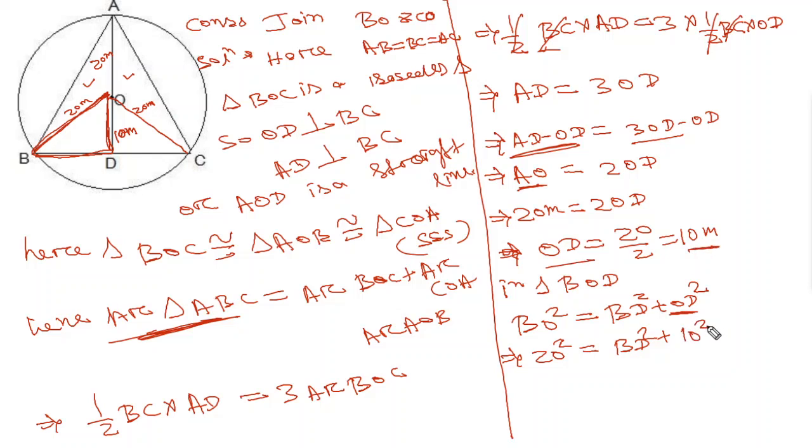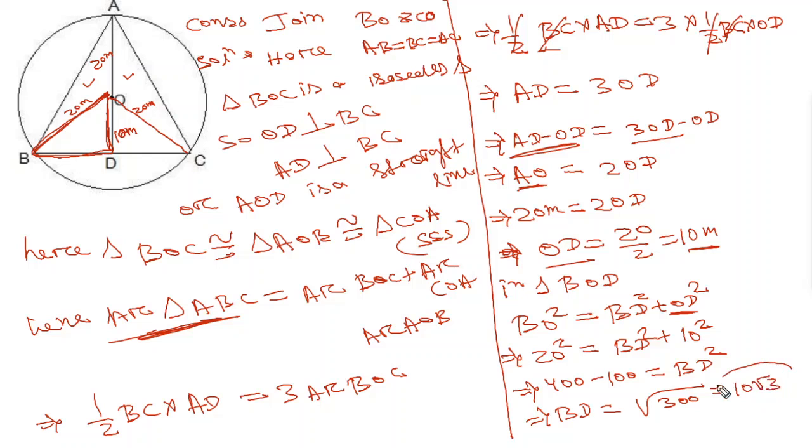Bringing 10 square to the LHS, 20 square is 400 minus 10 square is 100 will be equal to BD square. This implies BD will be equal to root over of 400 minus 100, which is 300, so it will be equal to 10 root 3. So we got the length of BD, which is 10 root 3.